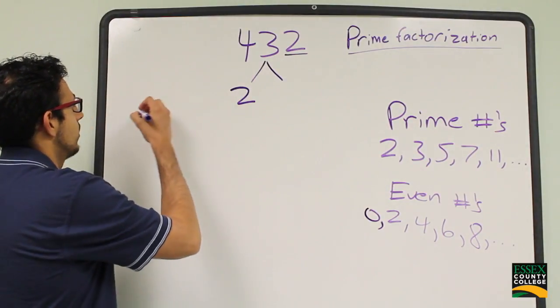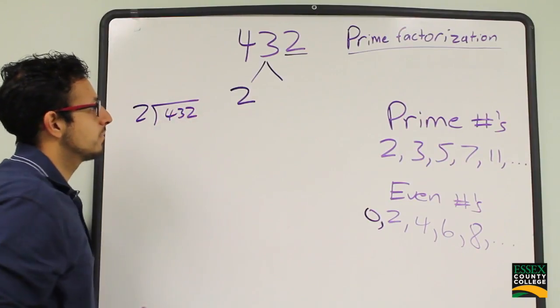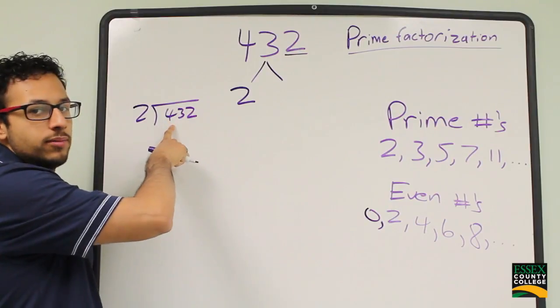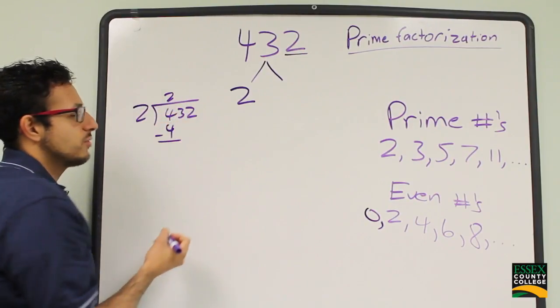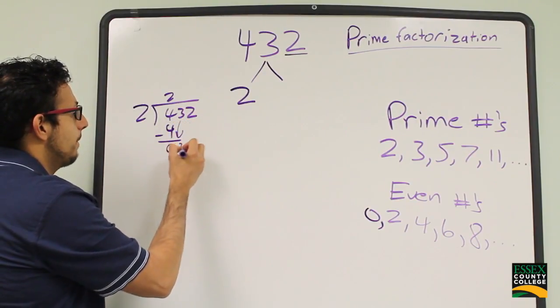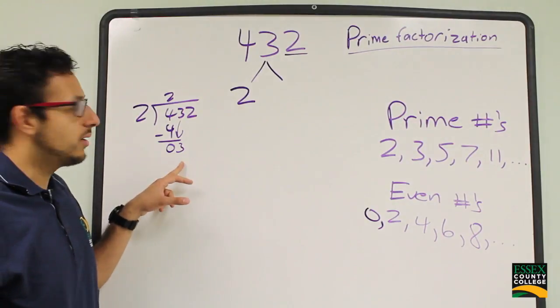We can just divide 432 by 2 to get this number. So let's divide. How many times does 2 go into 4? 2 times 2 is 4. We subtract, 4 minus 4 is 0. Bring down the 3. How many times does 2 go into 3?